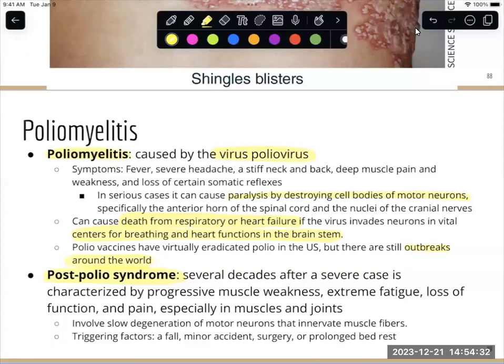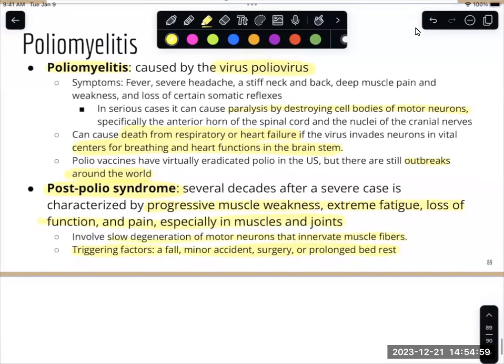Several decades after, these people start to get muscle weakness, fatigue, loss of function, pain, and it's this slow degeneration of these motor neurons. Some sort of stressful event can trigger this post-polio syndrome to come out and start causing problems.